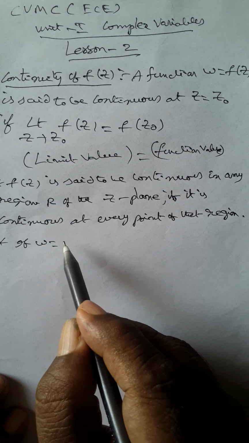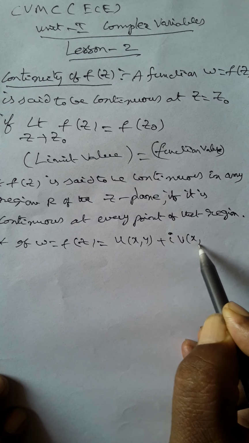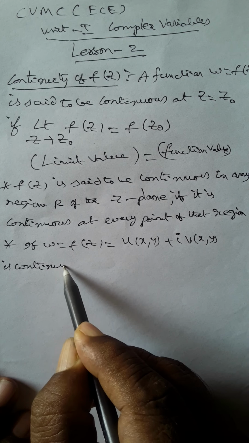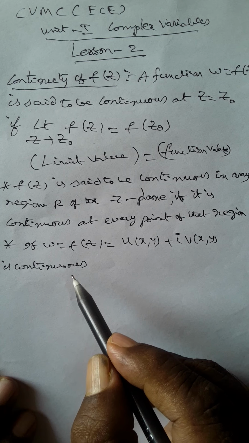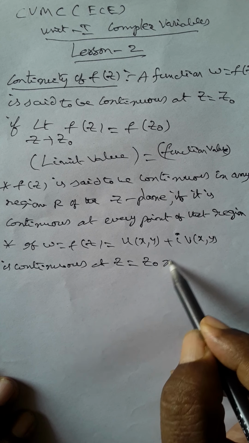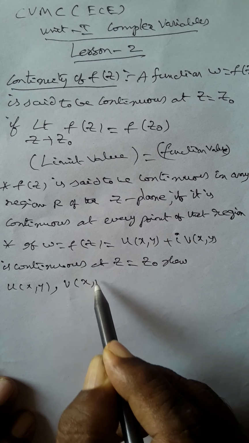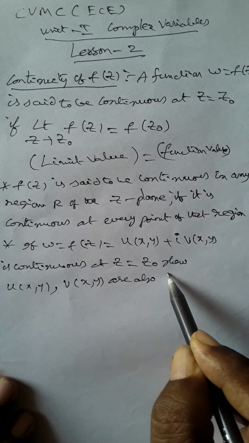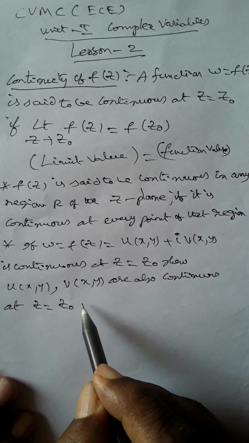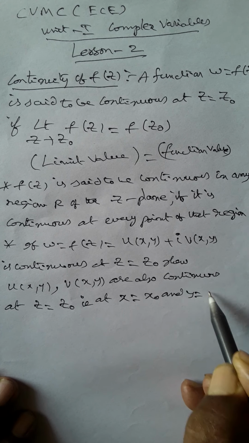If w is equal to f of z is equal to u of x y plus i v of x y is continuous at z is equal to z naught, then u of x y, comma, v of x y are also continuous at z is equal to z naught, that is at x is equal to x naught and y is equal to y naught.